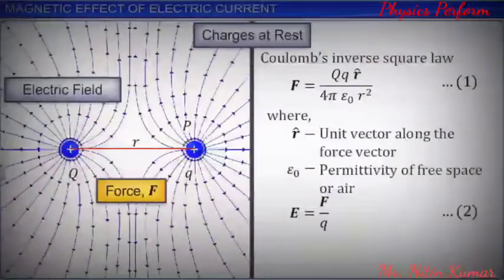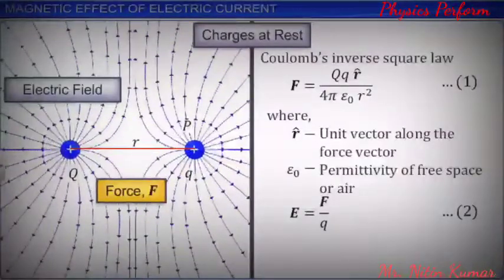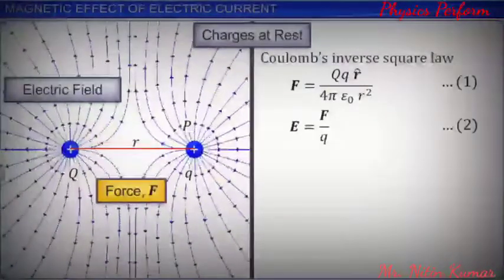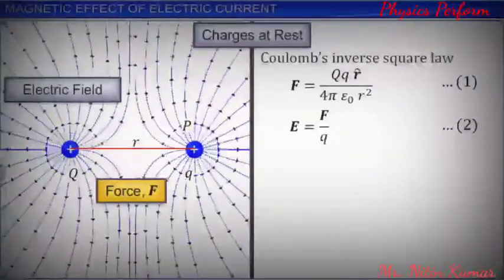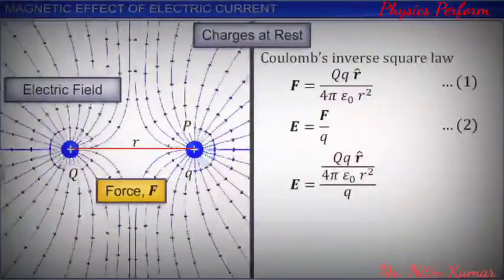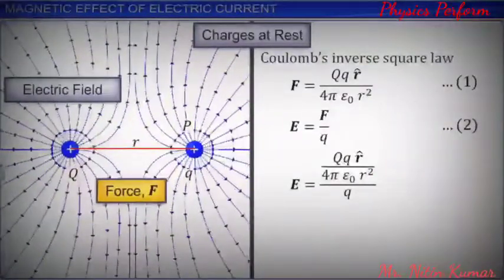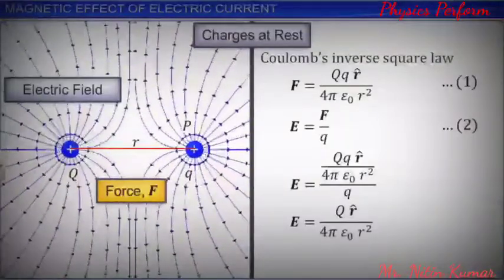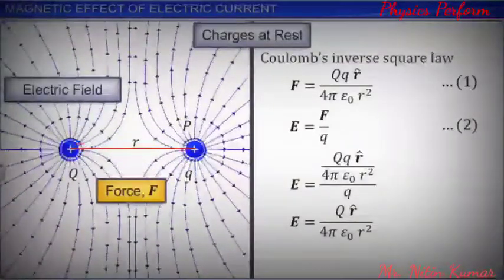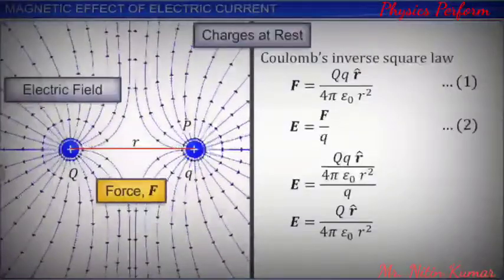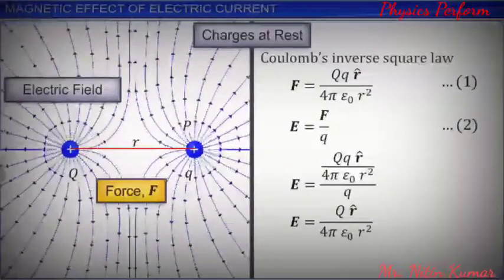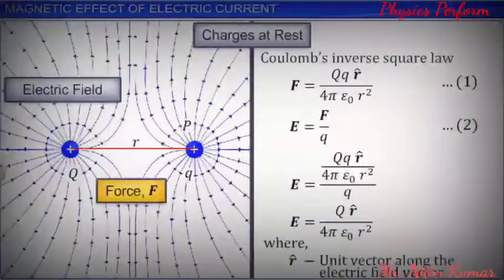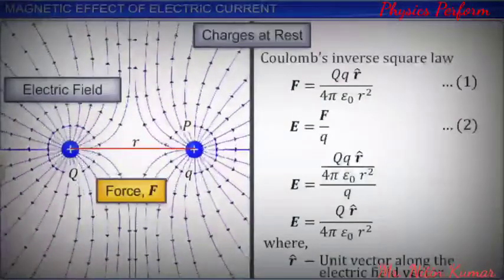Let this be equation 2. Substituting equation 2 in 1, we get the intensity of the electric field as E = Q r cap / 4πε₀r², where r cap is the unit vector along the electric field vector.